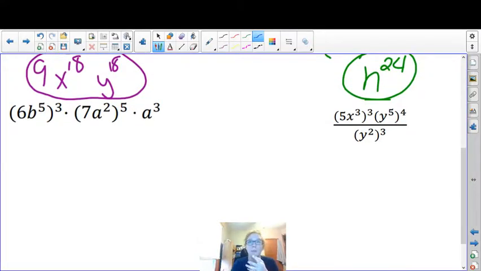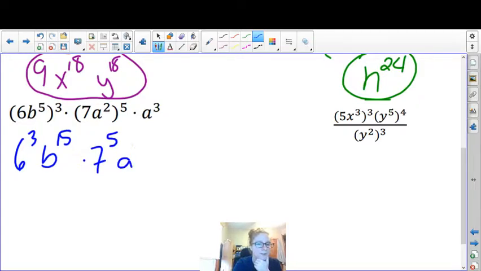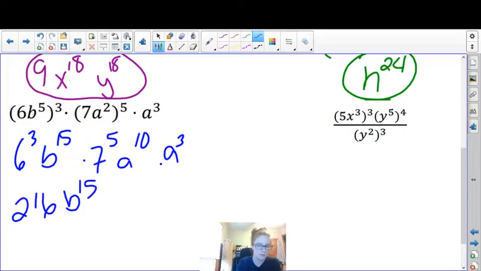Okay, powers first. 6 cubed, b to the 15 times 7 to the 5th, a to the 10th times a cubed. That's some big powers. Handy dandy tool. 6 to the 3rd is 216. B to the 15. 7 to the 5th is 16,807.